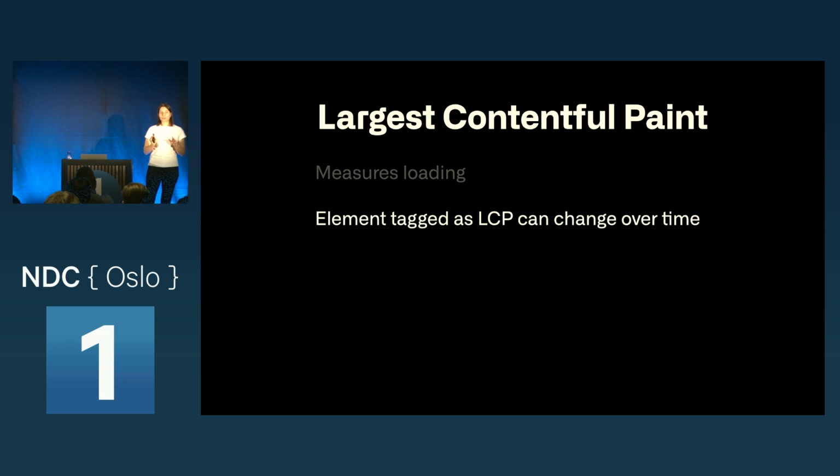This is important because, for example, first you might see some small image, it's tagged as LCP first, but then something bigger loads and it's overtaking as LCP. You'll see it in a moment on a video. So this element can change over time as the loading is progressing.